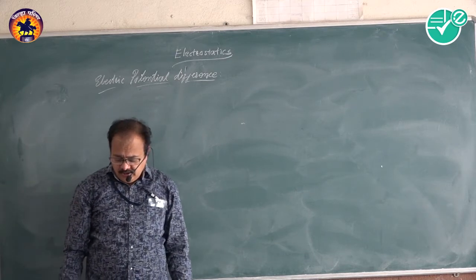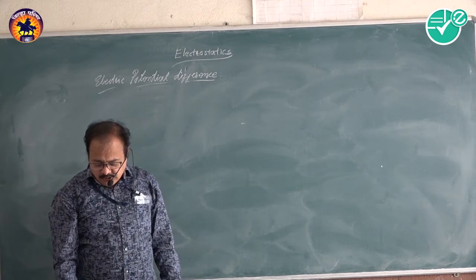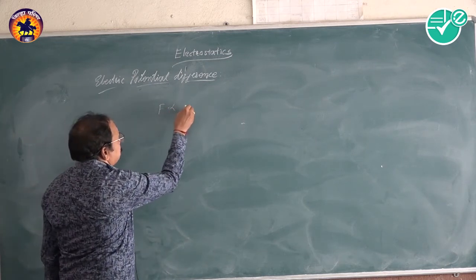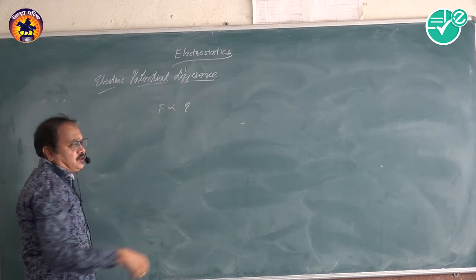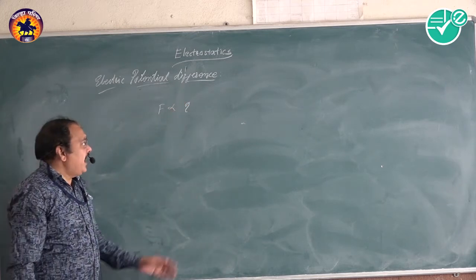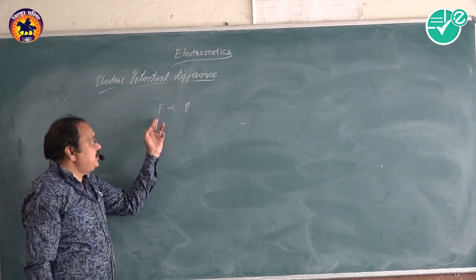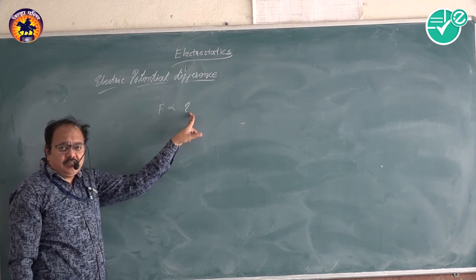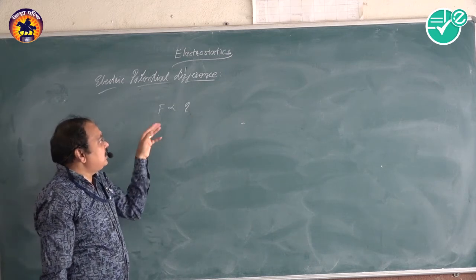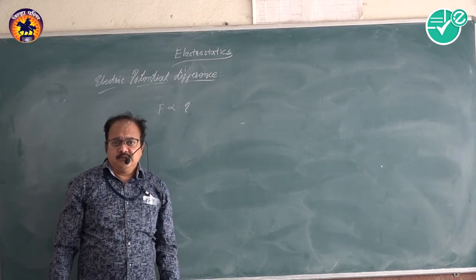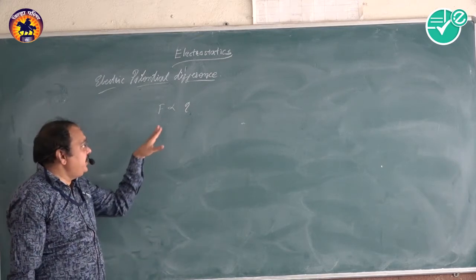We have already stated that force is proportional to charge. As force is directly proportional to the charge, work is also directly proportional to the charge, which means work is dependent on the charge.